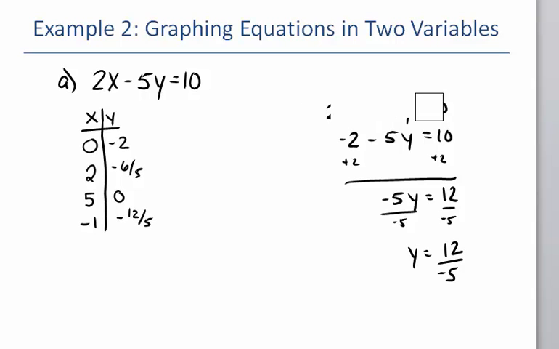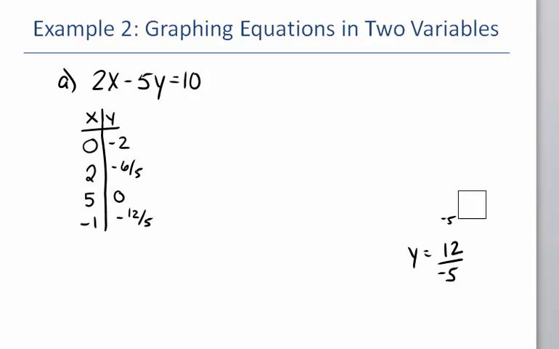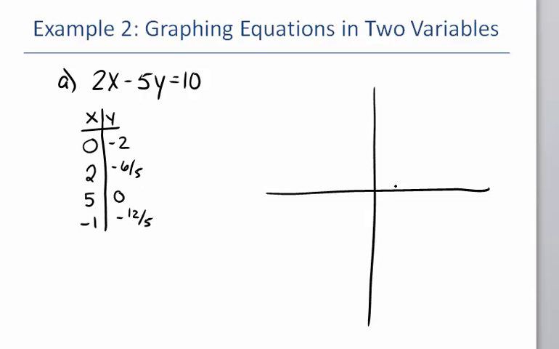Now, once that's done, then we're ready to plot our points, just like we did in the last example. So we will draw an x and y axis. We'll mark off some tick marks. I'm going to count to 5 in both directions and up and down the y-axis as well. And then we'll go in and we'll plot our points.